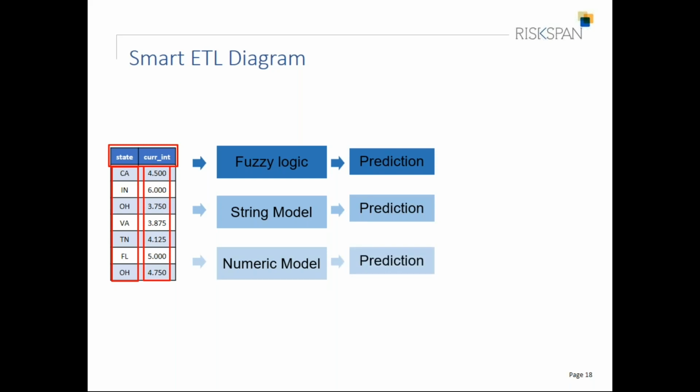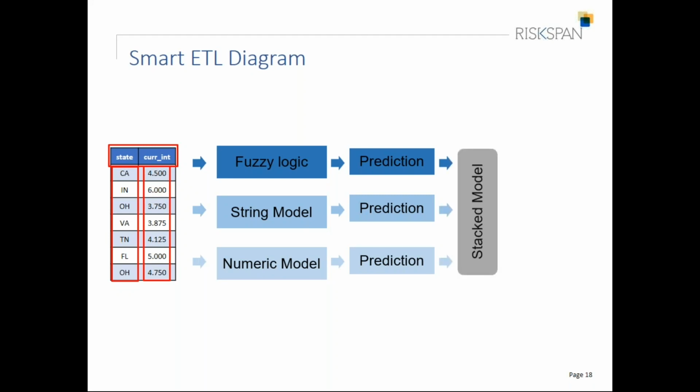It's important to note that this information is distinct, and the fuzzy logic is acting on the headers without any idea of what's actually in the columns. This is really important because what happens if a file comes in with the exact appropriate headers, but they are on the wrong columns? That could pass right through an ETL process because it says, I was looking for this column and I found it, so let's go process it, when really it could be wrong. But acting independently, we can get independent estimates of what we think the data is.